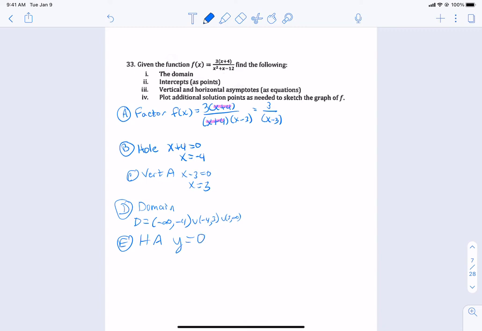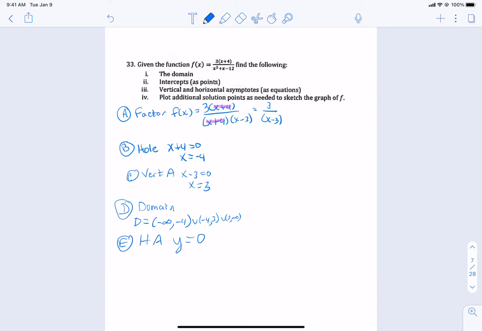Now let me go over the rules real quickly. If the higher power is in the top and is 1 more than the bottom, there is a slant asymptote. If the higher power is in the bottom, it's always y equals 0. If the higher power on top and bottom match, then the lead term coefficients will be your horizontal asymptote.